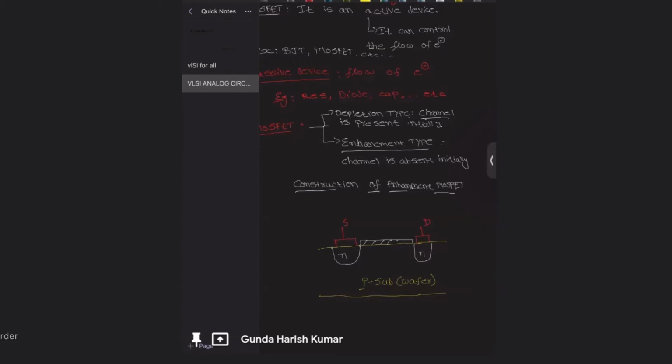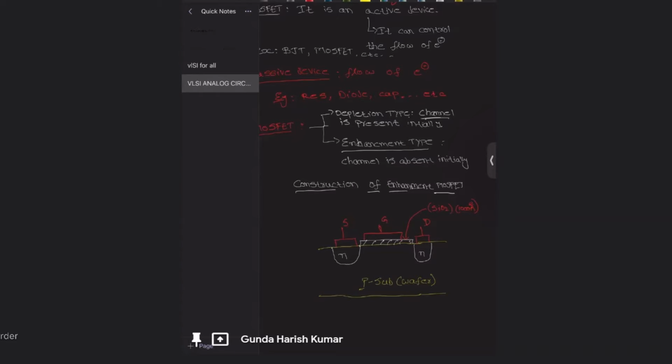And there is an oxide layer between the substrate and a gate contact. This is the gate. So this is the oxide between the gate and the substrate. It is SiO2 oxide, around 1000 angstroms kind of thing.